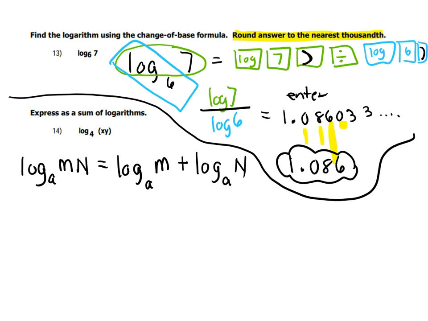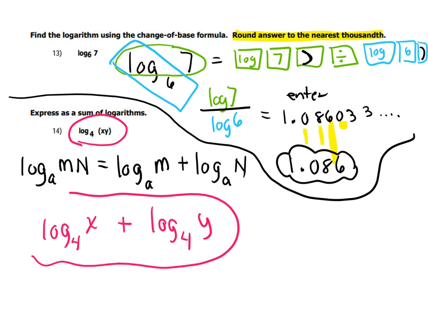So in my problem, A is played by the number 4, M is played by the letter X, and N is played by the letter Y. So, let me get a different color here. How about pretty pink? For this one, it's going to be log base 4 of X plus log base 4 of Y. And now I have expressed it as a sum of logarithms.